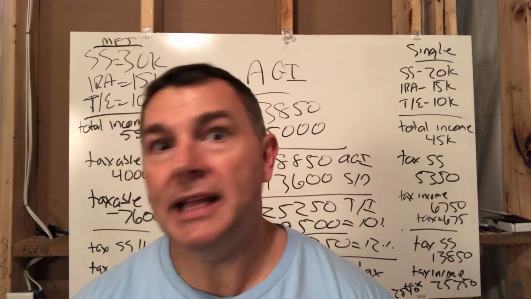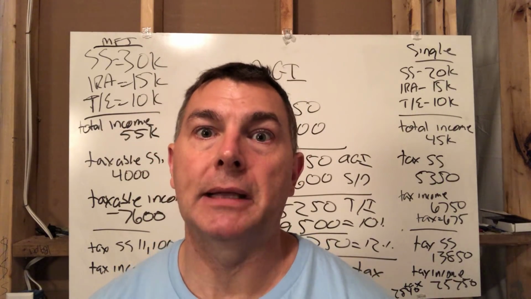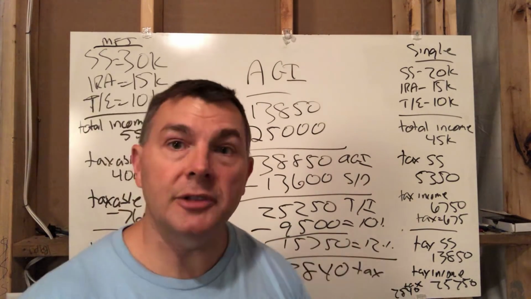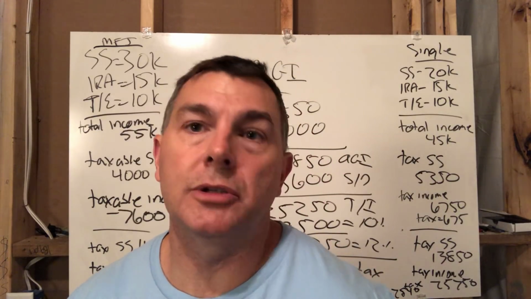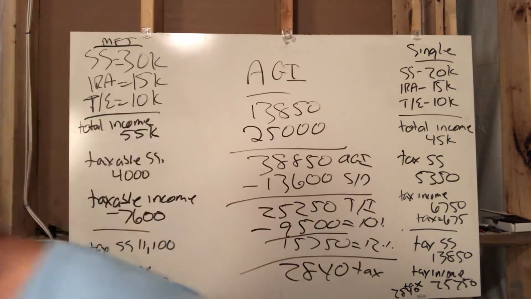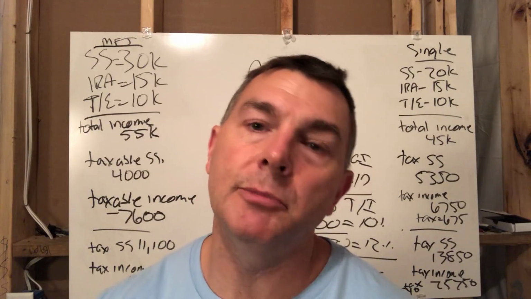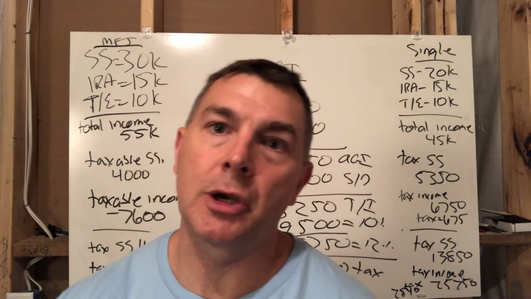So we weren't in a 10 or 12% tax bracket. Even though we're only in the 10 to 12% brackets, because our taxable income went up by $18,500 on a $10,000 distribution, we had to pay $2,100 more in taxes, which means we're at an effective 22% tax rate on that $10,000 distribution, because of the way the tax code is stacked against people on the lower end for Social Security and for widows.